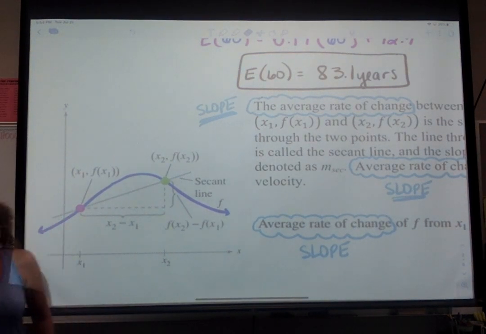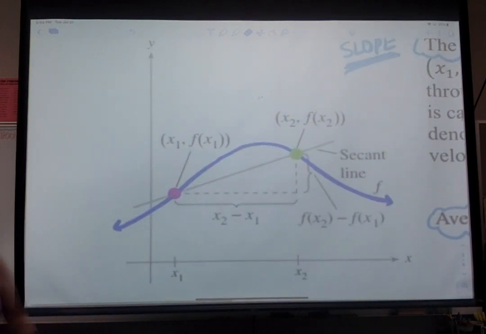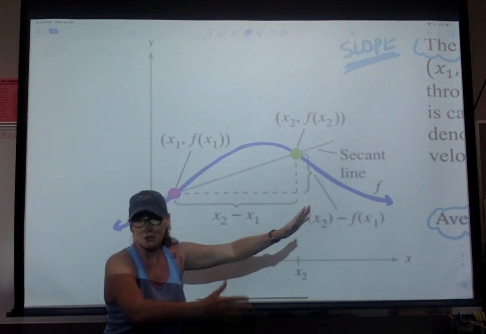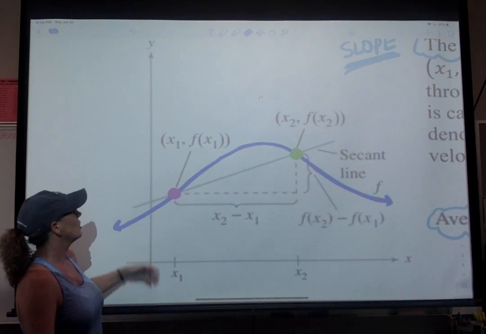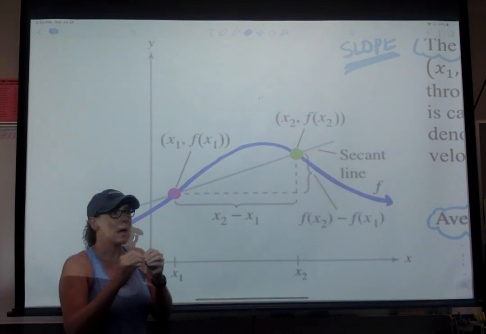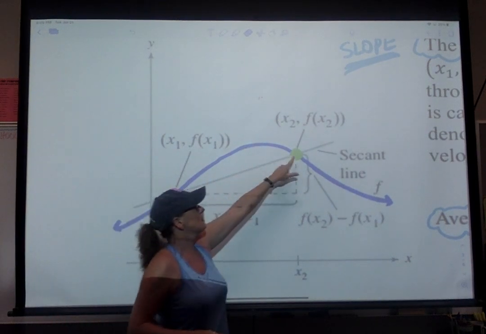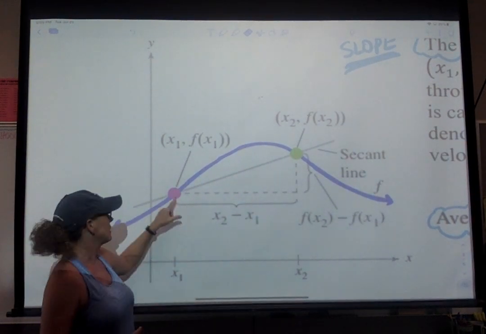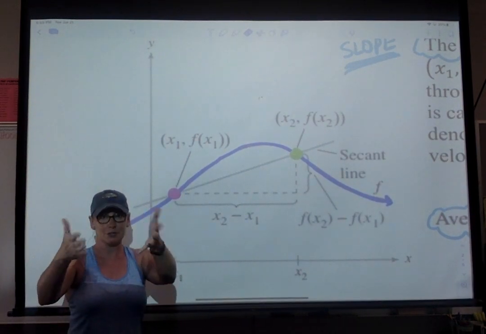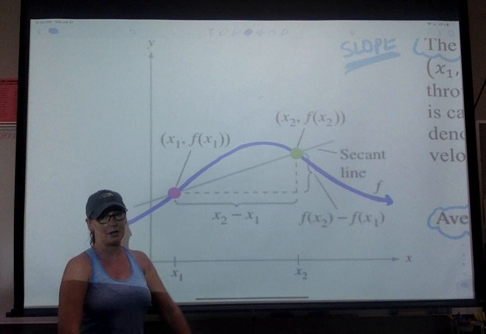So I'm going to show you the picture, and I know the picture looks confusing, but let's say that there is a blue function, okay? And it's called f of x. And I've pointed out two specific points on that function. I have a pink point and a green point. And I tell you, look at the pink point, look at the green point.